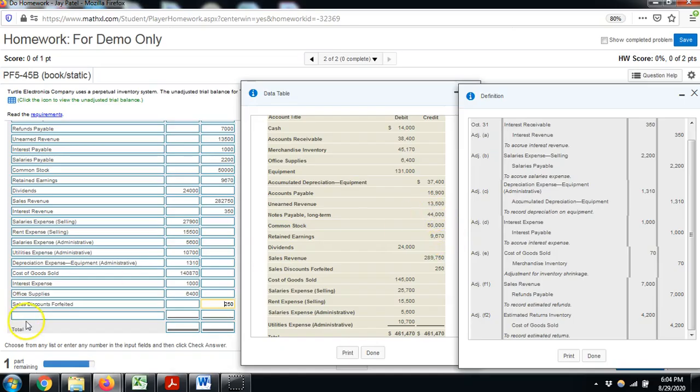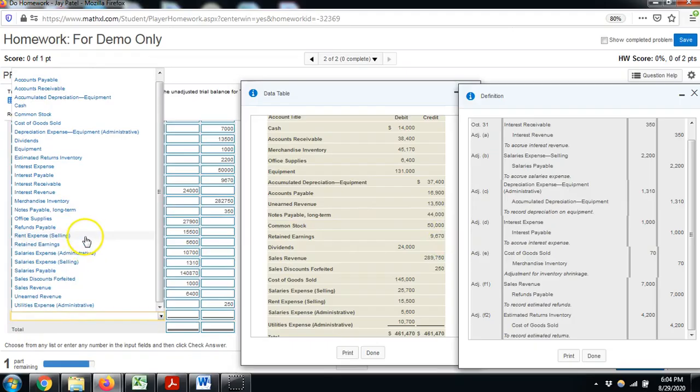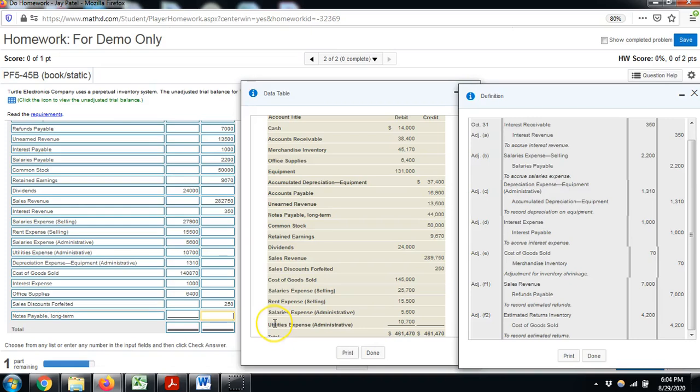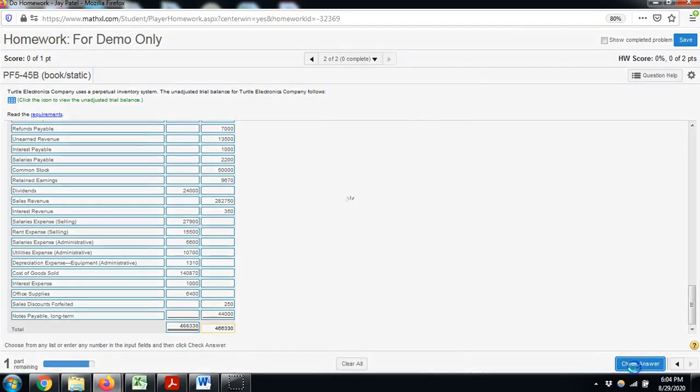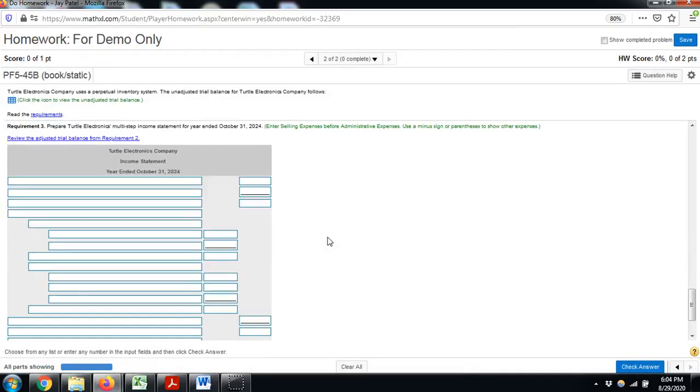This notes payable of 44,000. And so according to my calculations, this should be 466,330. 466,330. Let's see. Okay.